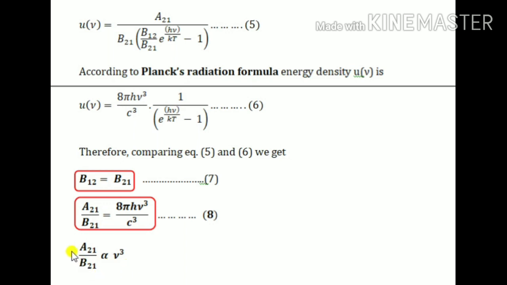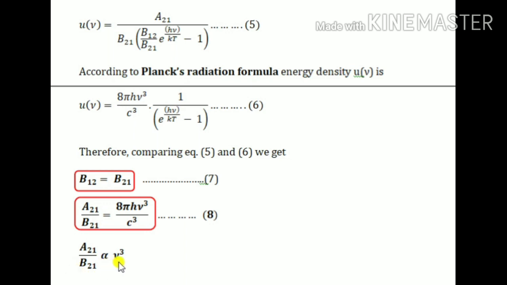What is A21? A21 is the Einstein coefficient of spontaneous emission, and B21 is the Einstein coefficient of stimulated emission. So the ratio of spontaneous emission and stimulated emission is directly proportional to nu cube.